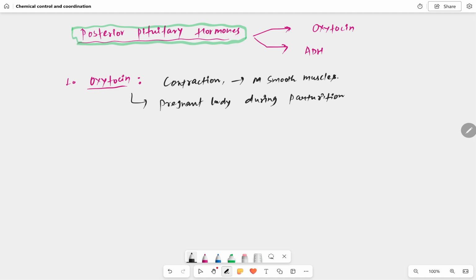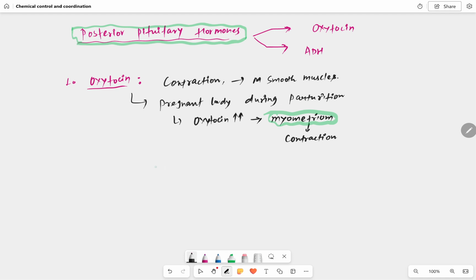In the pregnant lady during parturition, the oxytocin level is very high, and this high level of oxytocin now reaches the myometrium of the uterus, where it causes the contraction. So in pregnant ladies oxytocin causes contraction in the myometrium and parturition occurs.